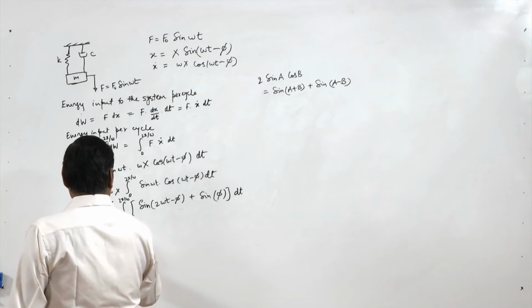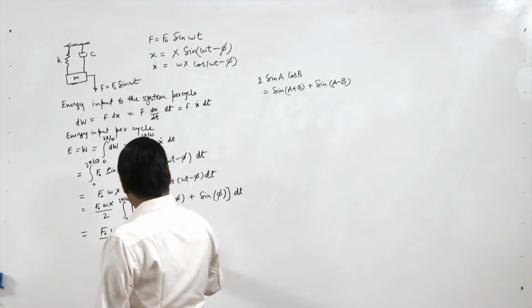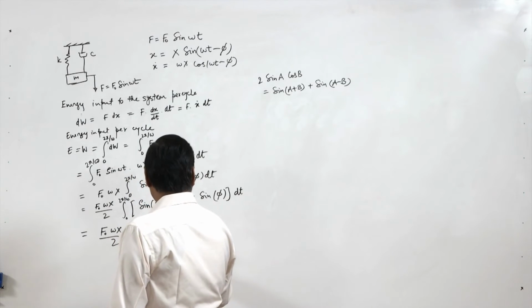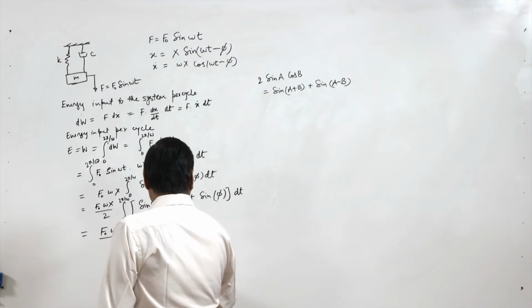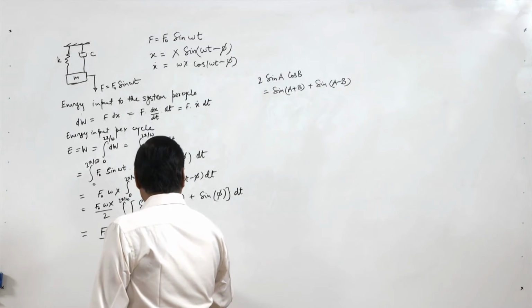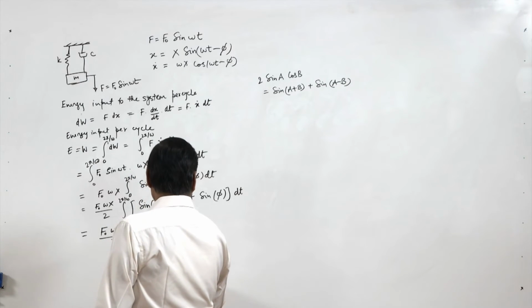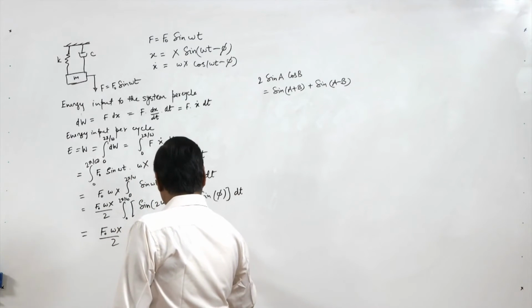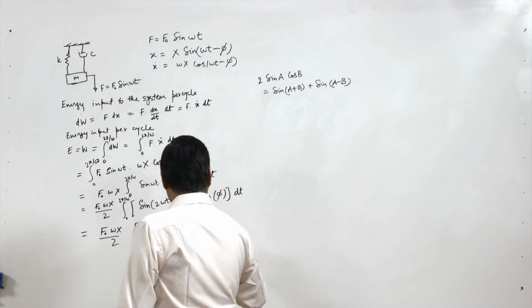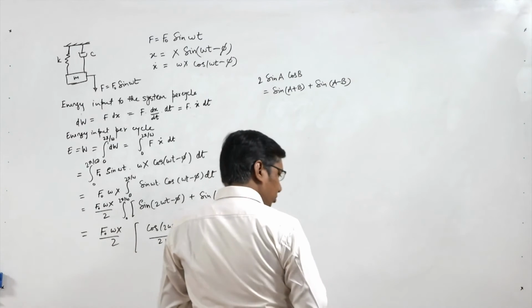So this we can do: F0 omega X by 2. So here we have minus cos(2 omega t minus phi) divided by 2 omega, and we are integrating, with the limit 0 to 2 pi by omega, plus sin phi.